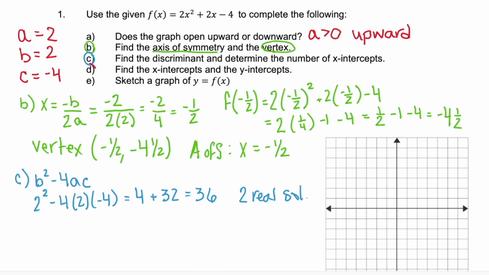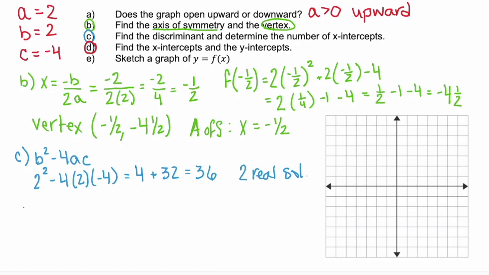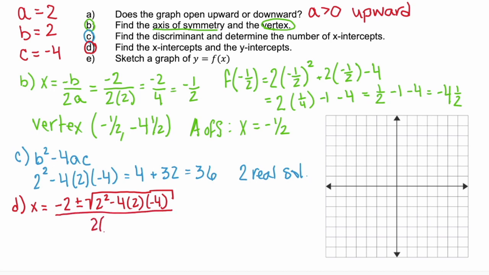Now let's look at part D. Find the x-intercepts and the y-intercepts. Well, we know that our x-intercepts we can find by solving the quadratic: -b plus or minus the square root of b squared minus 4ac over 2a.